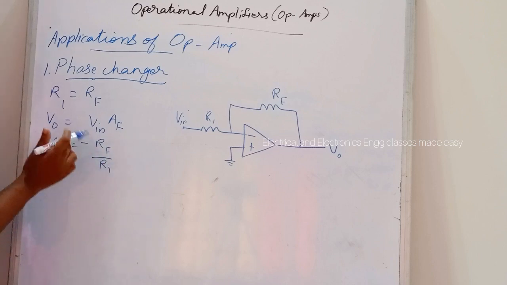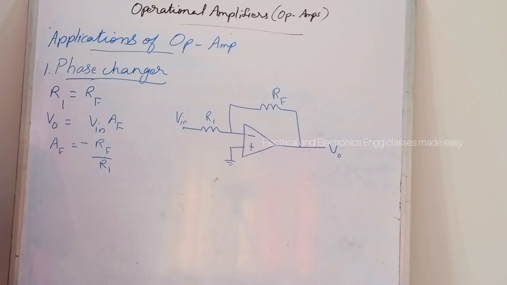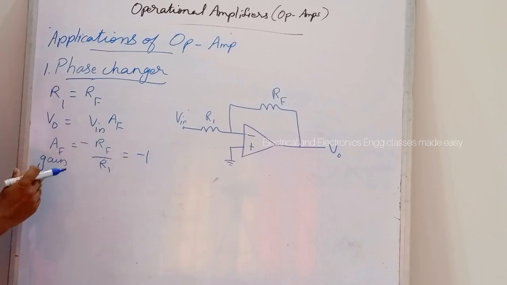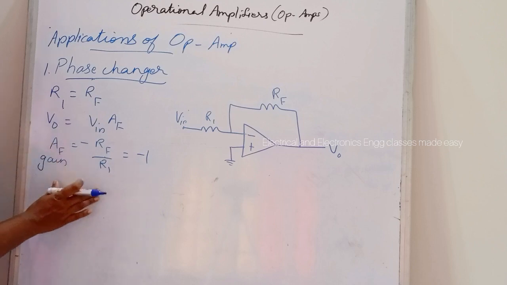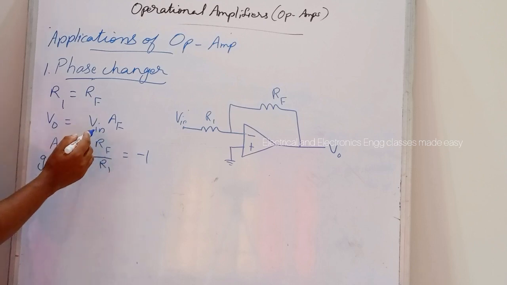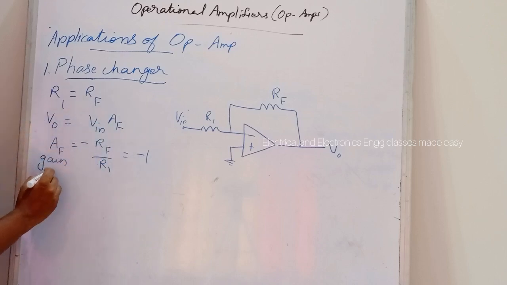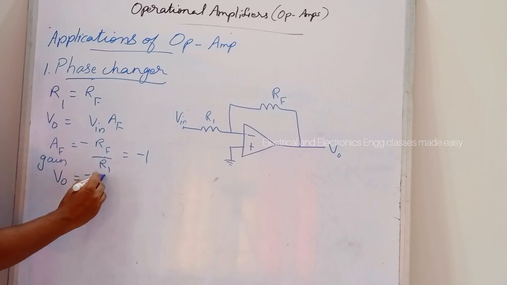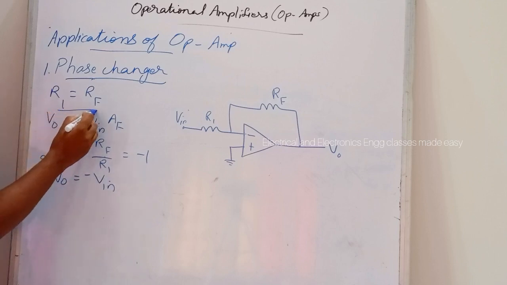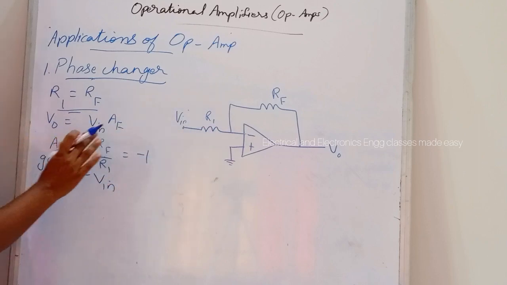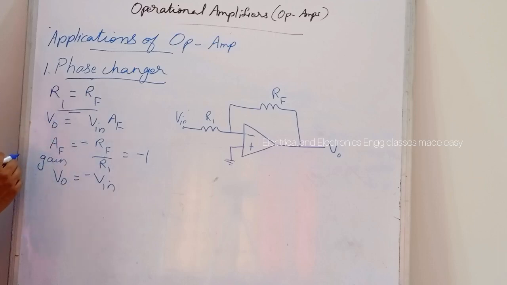And here if R1 is equal to RF, then the gain, that is AF, will be equal to minus 1, that is unity gain, and the sign of the input signal will be changed at the output, that is V0 will be equal to minus V in if R1 is equal to RF in this inverting amplifier circuit or amplifier circuit with op-amp.